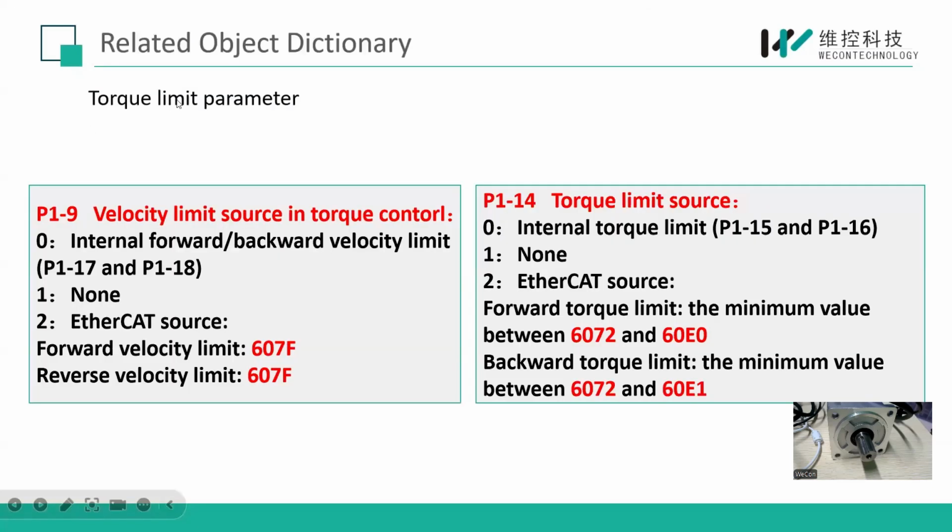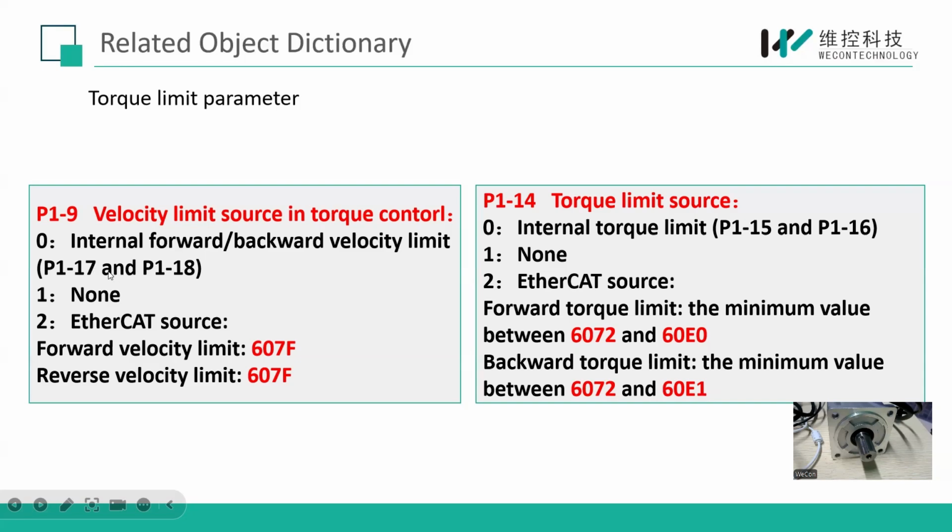Here for the limits, we have two selections. For the velocity limit source in torque control, we have parameter P1.19. The default setting is 0. 0 means we use the two parameters P1.17 and P1.18 to set the internal forward and backward velocity limit.